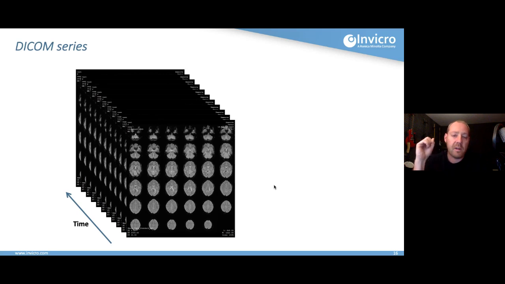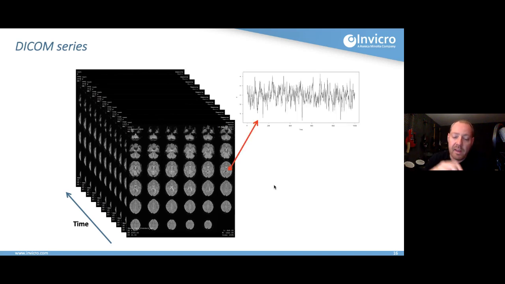So it's sometimes helpful to think about these images as a series of pictures. It's more often helpful to think about them as a set of time series. So if you picked a spot in one of these, say one voxel or a group of voxels, and plotted their activity over time, you would see a plot that looked something like this.